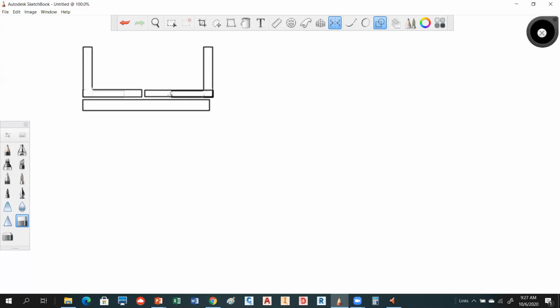This is a part that's called an angle. So these are manufactured, and these are called legs on your manufactured part. This is a plate. So let me put some dimensions on here.